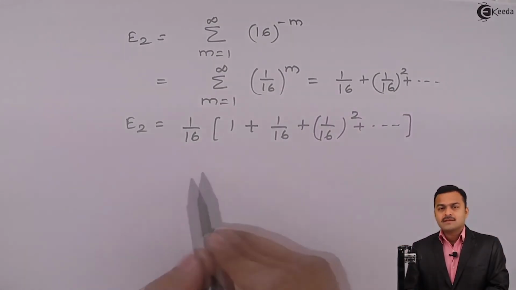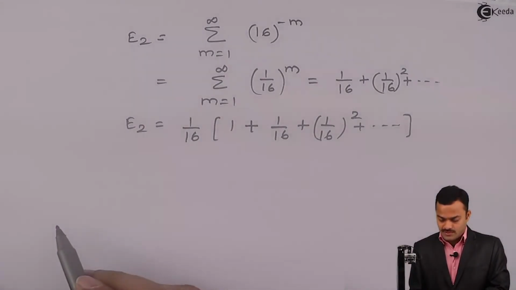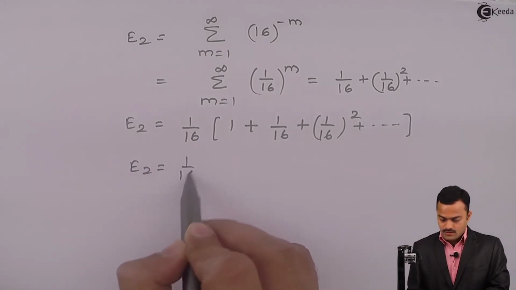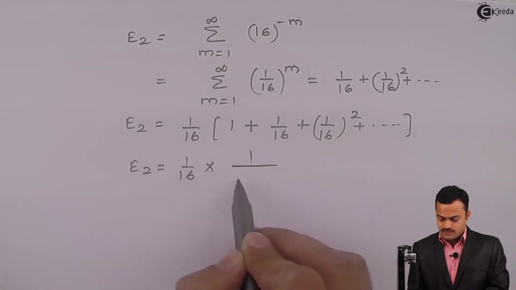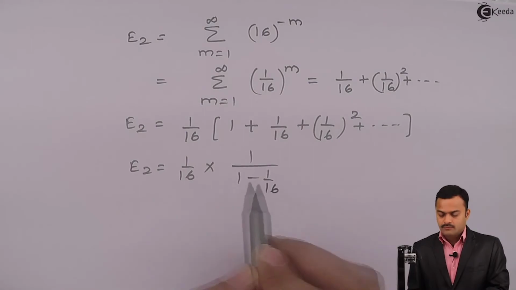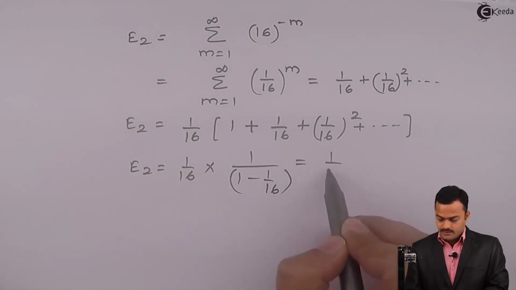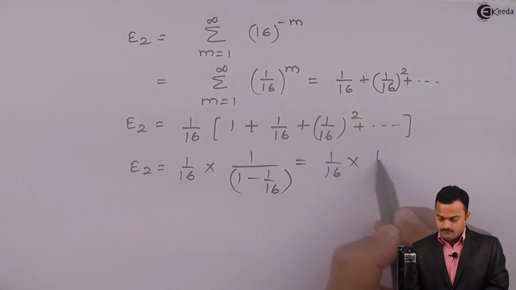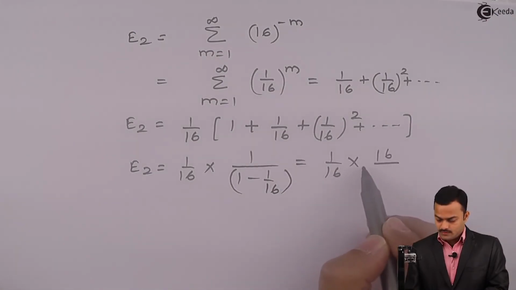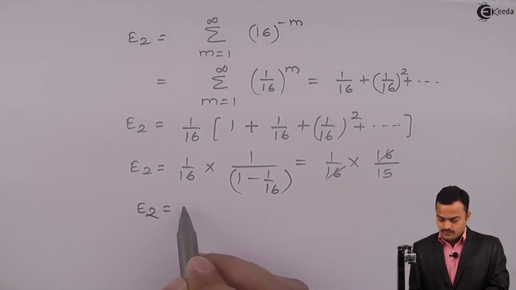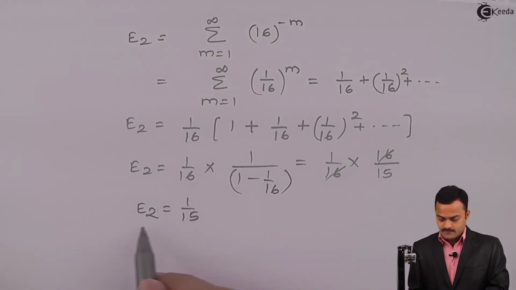These are terms in geometric progression, whose summation is 1 upon 1 minus 1 by 16. So the answer will be 1 by 16 into 16 upon 15. The 16 gets cancelled, and in the end energy 2 will be 1 by 15.